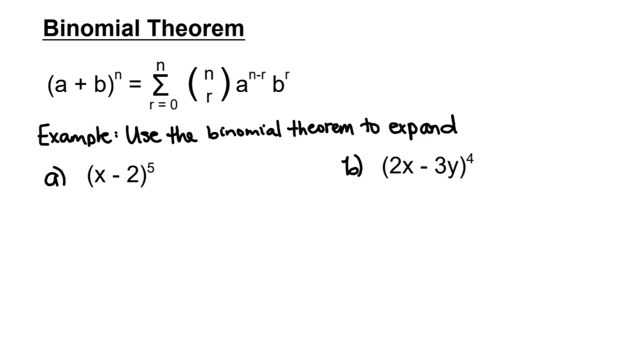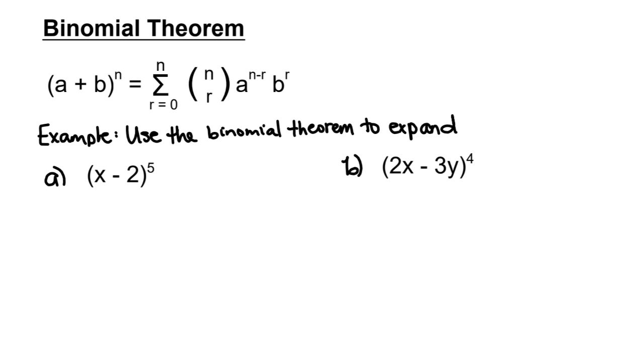Okay, so when we are expanding a binomial, we're going to set up our pieces as our first piece is a, our second piece is b. If there is a coefficient with a, or a number, like b has, in our first example b is -2, that's going to change the coefficient of the overall term.